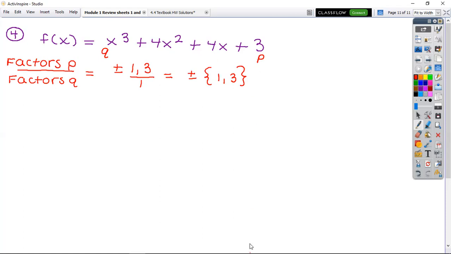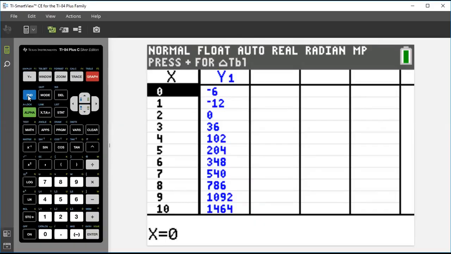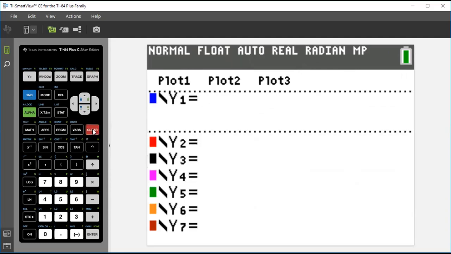So again, you're going back to your calculator. Or this one, as far as your synthetic, you would only have to do it 4 times. Or maybe if you're really lucky, you would get some of them right away. All right, so I'm going to type my function in here, which was x cubed plus 4x squared plus 4x plus 3.